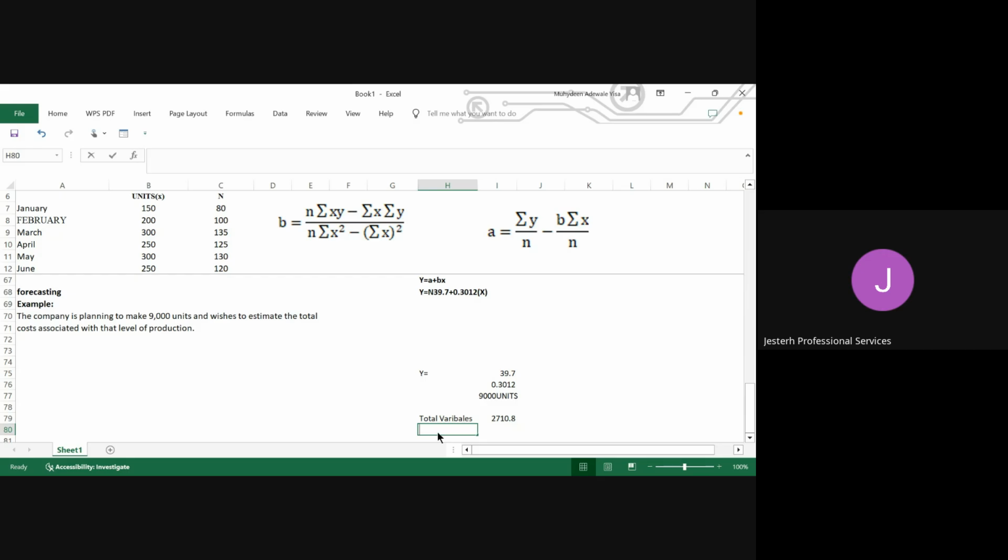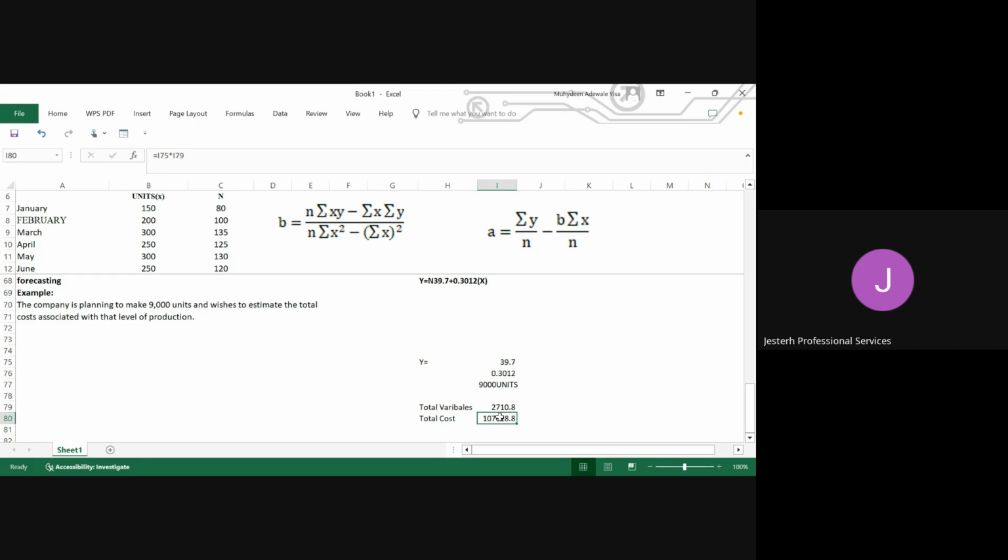Now that we already know our total fixed cost, all we need to do is multiply the total fixed cost, which is 39.7, by the total variable cost. Now we have arrived at the total associated costs for this organization.